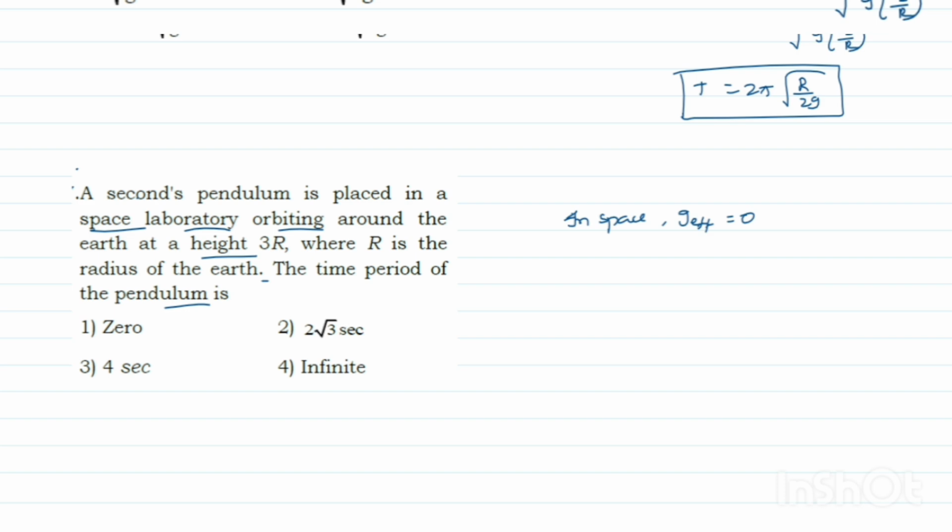Effective g will be 0, so the time period T equals 2π root over L by g effective, which is 1 by 0, that is infinity. The time period being infinity means the pendulum is not going to oscillate. The pendulum does not oscillate.